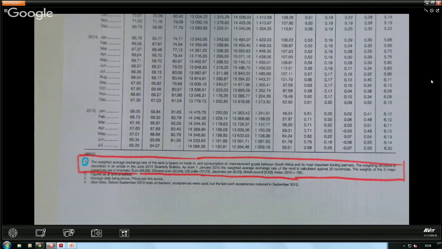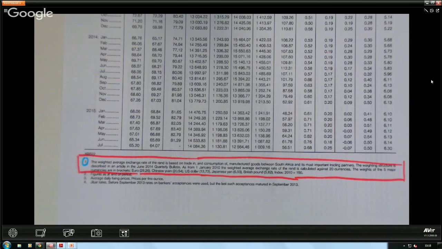Okay, that is basically it. Right, so in your own words, you just say that the South African rand is normally quoted bilaterally, but here the Reserve Bank does the following. They say that it's important to know about the value of the rand in terms of, can we say, purchasing power against our trading partners.